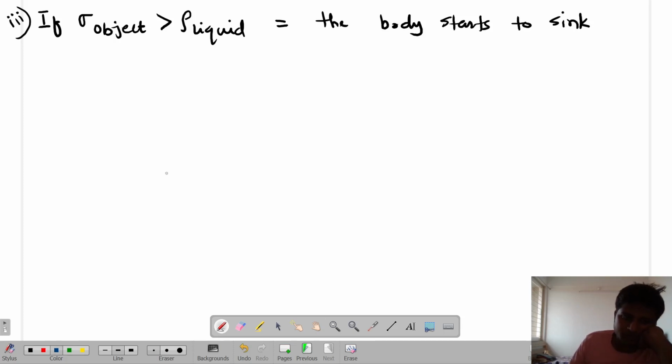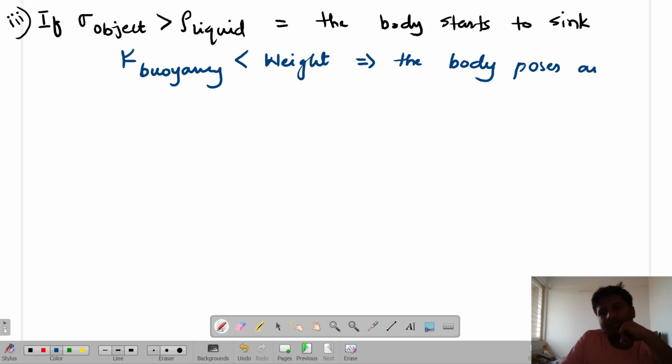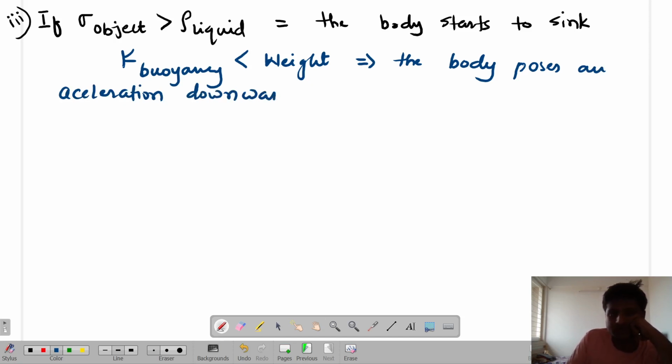That means the body has an acceleration downwards. How come it will be g? Isn't it experiencing an upward force?